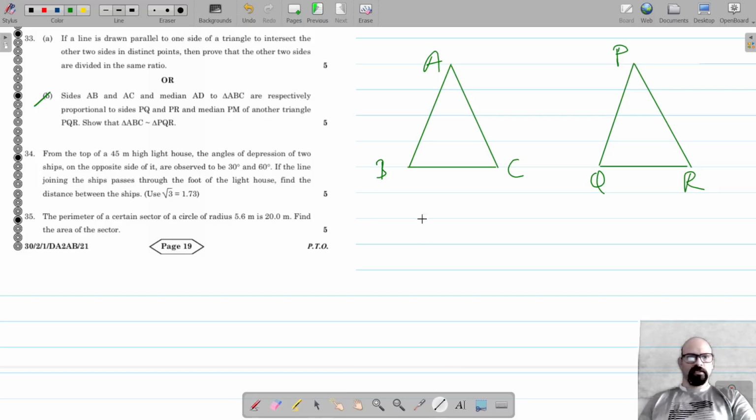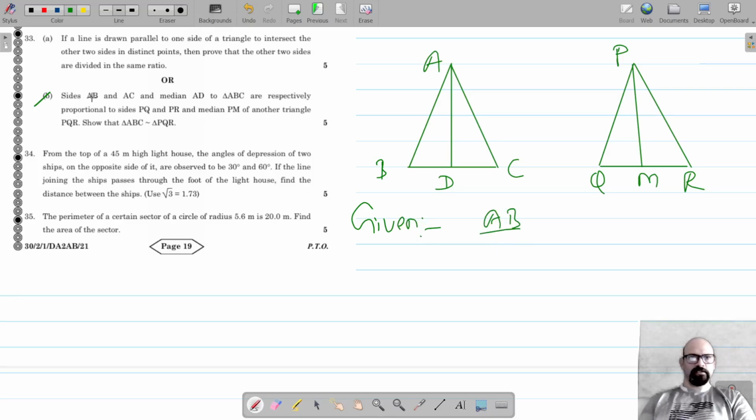Okay. Now side AB and AC and median AD. This is the median AD. And let's say this is the median PM. So I'm going to name it, this is the median AD and this is the median PM. And what is given to us, let me just write it down.